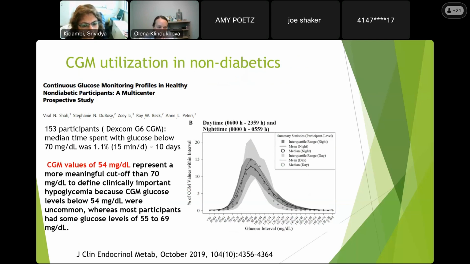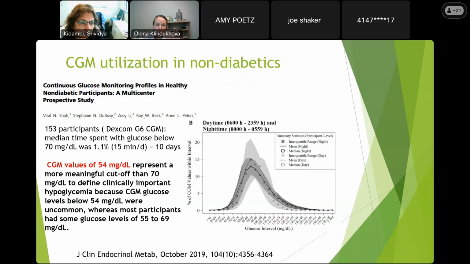This study had 153 participants, multi-center, all done in the U.S. Participants were on a Dexcom CGM for 10 days, and they reported that the median time spent in glucose below 70 was 1.1%.